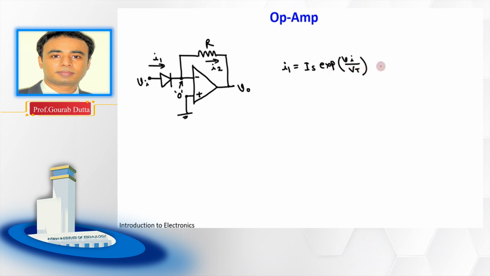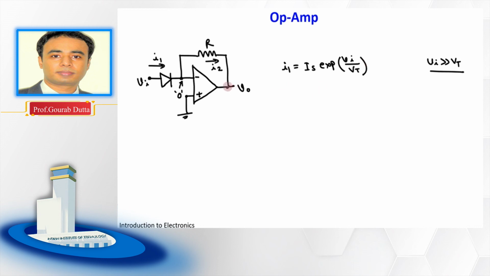And this minus 1 part was also there, Is into that minus 1. We can neglect it because we are considering that Vi is much greater than Vt. So this minus 1 part has been neglected.